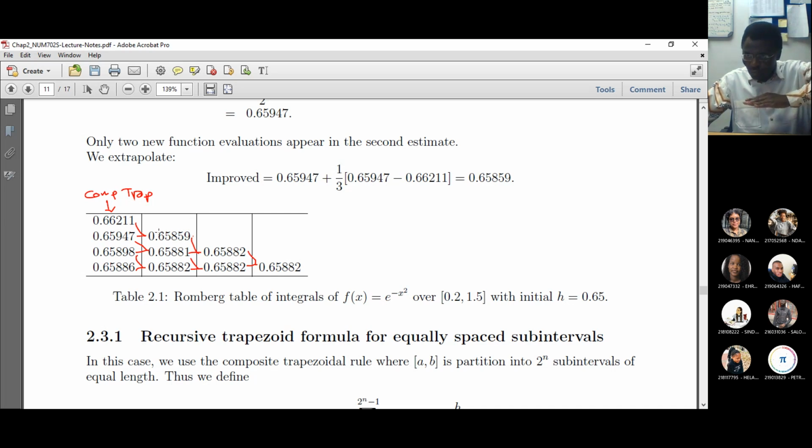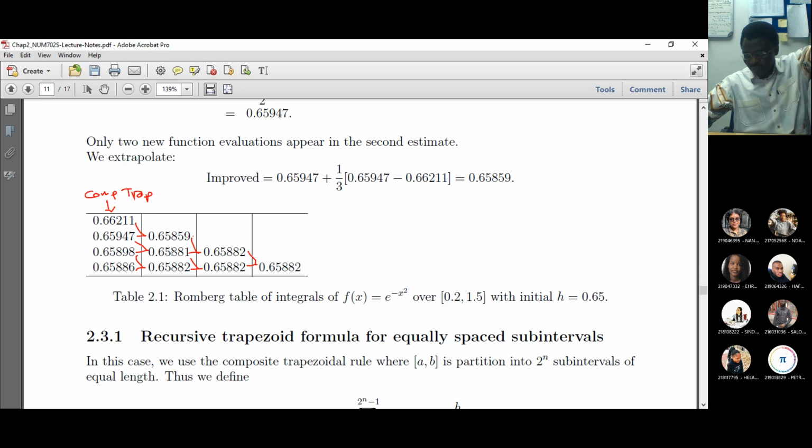To fill this entry, I use the previous column, and the previous and current rows. Similarly here, if I move here, for this entry, I use the previous column, and the previous and the current rows. Similarly for this.